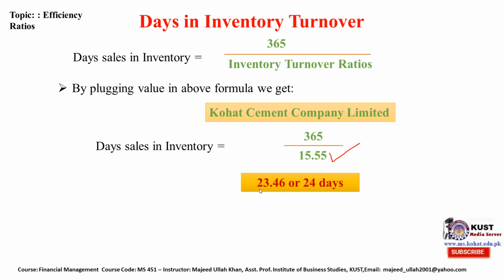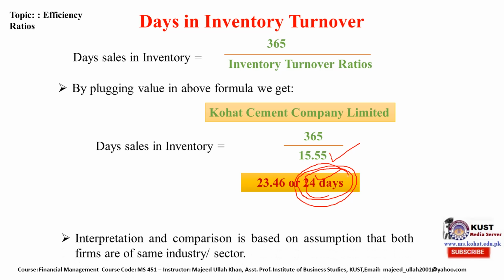So we get 23.46 or 24 days. It means it took 24 days to convert our inventory into cost of goods sold, or into sales figures.